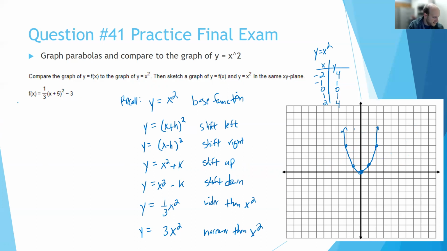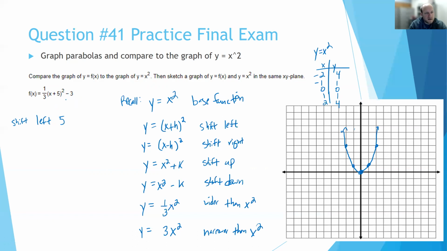So how does this one change it? How did these values change it? Well, x plus 5, I always start on the inside of the parentheses for some reason. Maybe it's because I do it for order of operations, but we don't really have to do that here. X plus 5 would mean that this is going to shift left 5, so all the values are going to shift left 5.